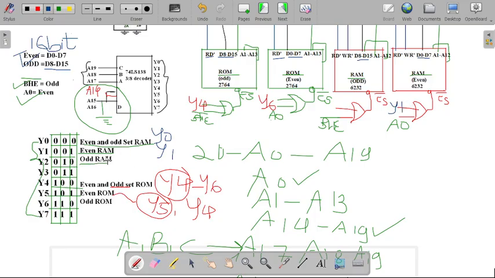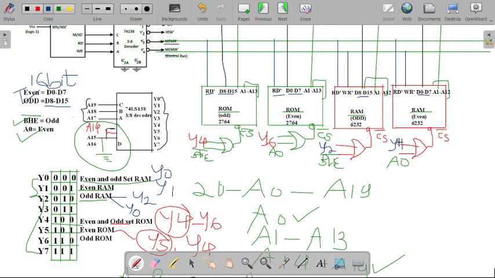Now for the odd RAM, there are two signals. First one is Y2 and second one is Y0. Suppose I want to select Y2, then I am writing here Y2 as an input for our odd RAM. And with the help of the chip select signal, we are selecting that line, and now our diagram is completed.